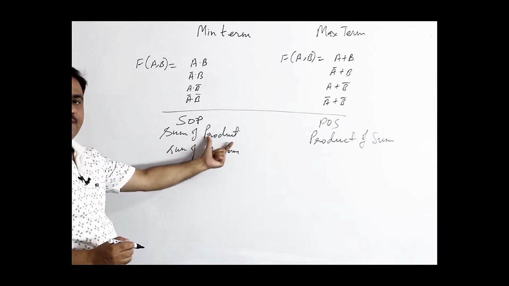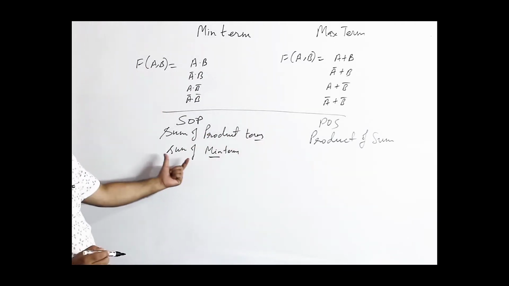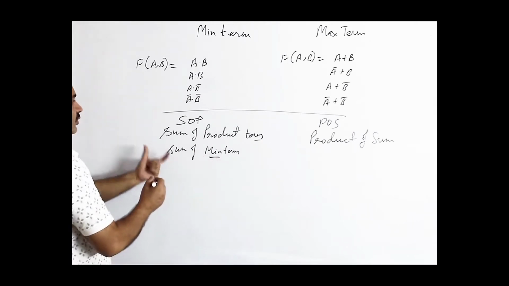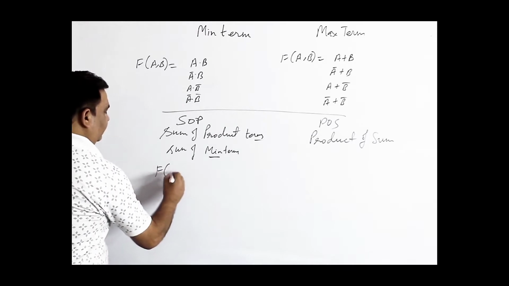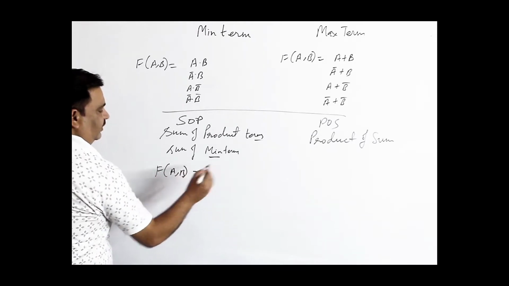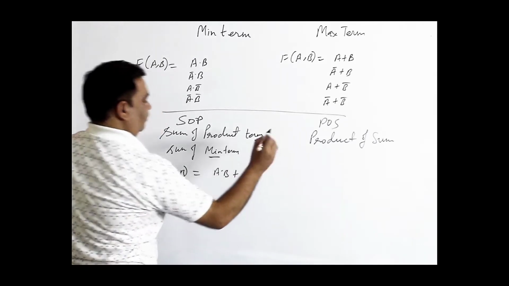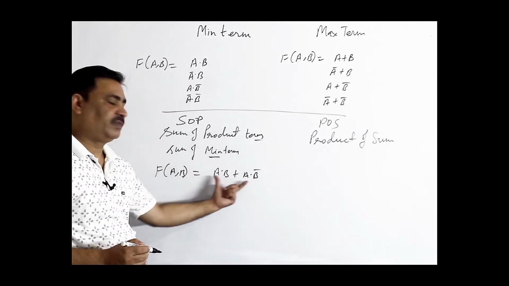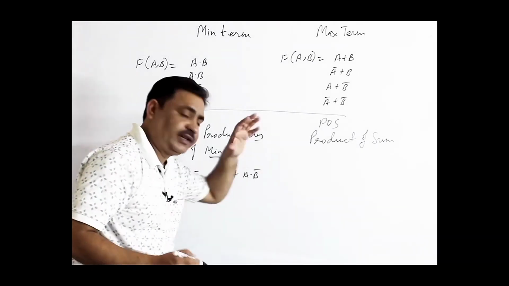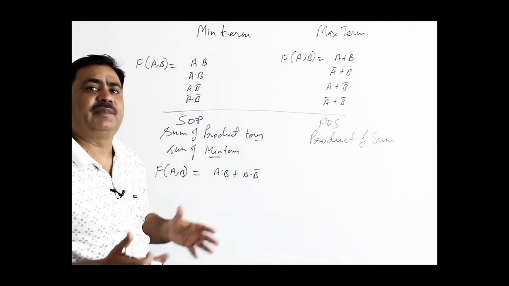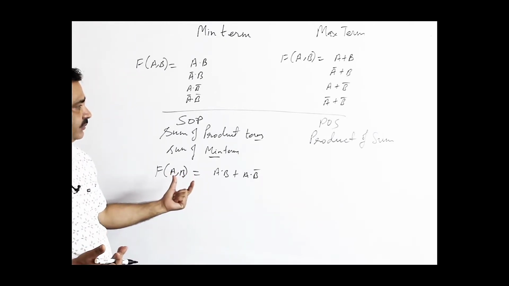I am writing sum of product terms, you can say, sum of min terms. So, that is called SOP expression. So, if I write, we have function AB, a dot b plus a dot b complement. So, this is SOP expression having two min terms. SOP expression can have 3 min terms, 4 min terms, depending on the number of literals or variables used.